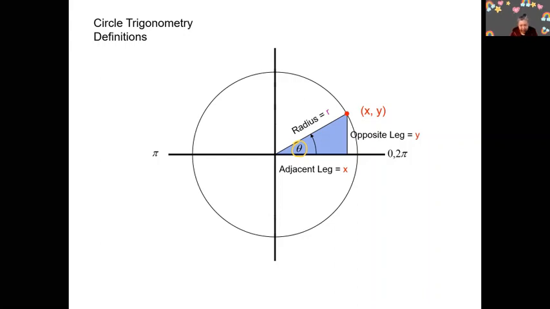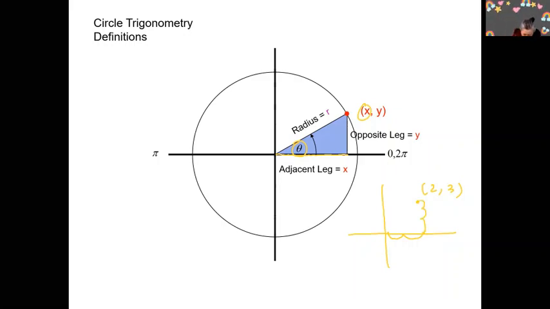Then around that theta angle, the length of the adjacent leg of the angle theta is going to be X coordinate long, right? For example, if we have coordinate 2, 3, that means this is 2 units horizontally, 3 units vertically, right?